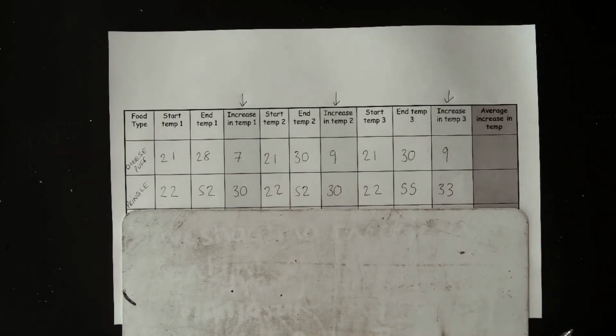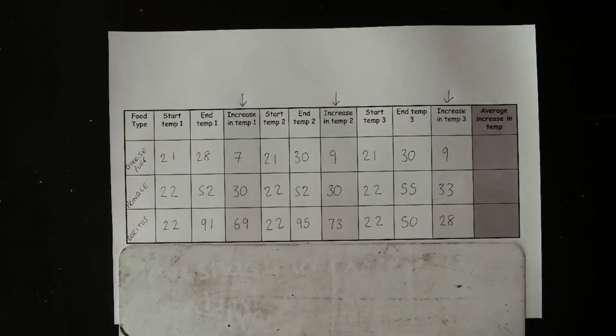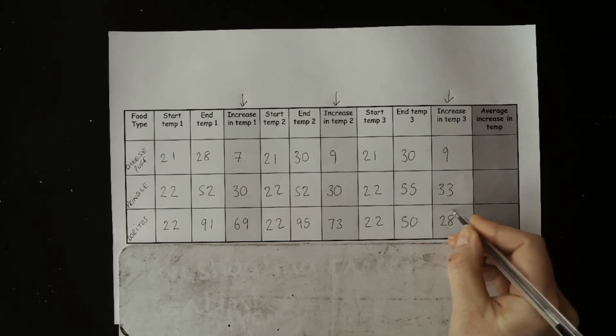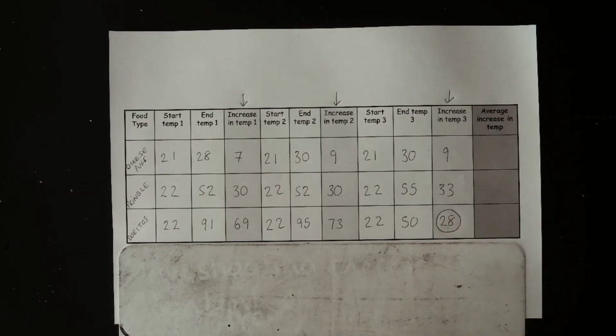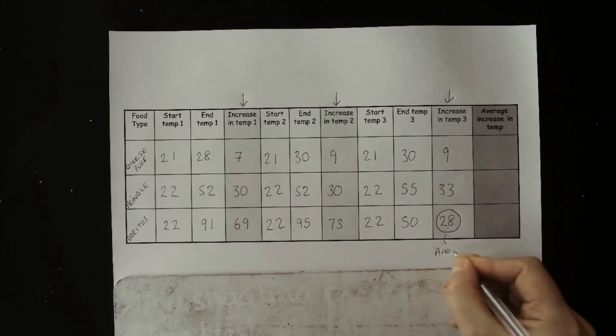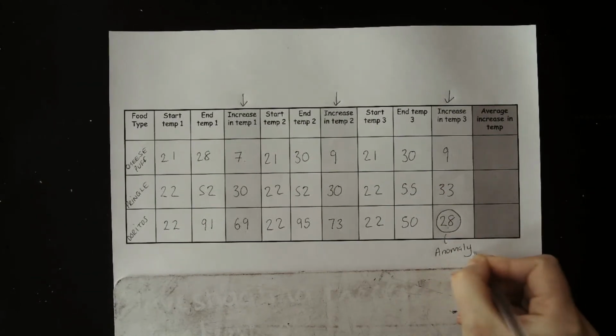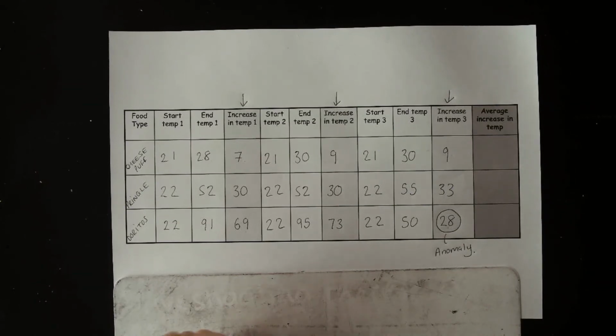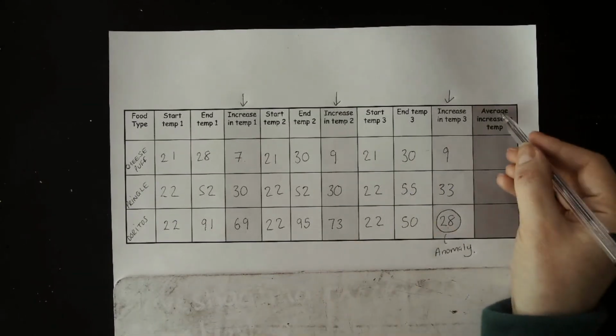To work out the average, I add 30 plus 30 plus 33, and I divide by 3 because there are 3 values. For the Doritos, I have 69, 73 and 28. This 28 does not fit the pattern, so I'm going to circle it and I'm going to label it anomaly. Now, anomalies don't get included in your average results.